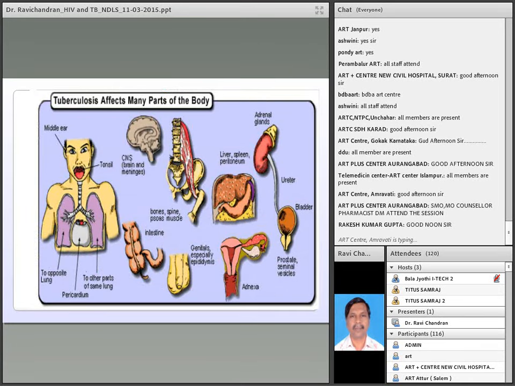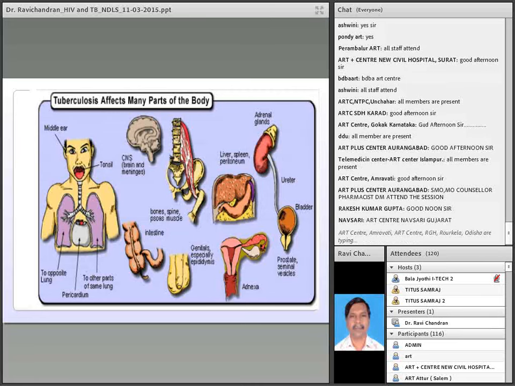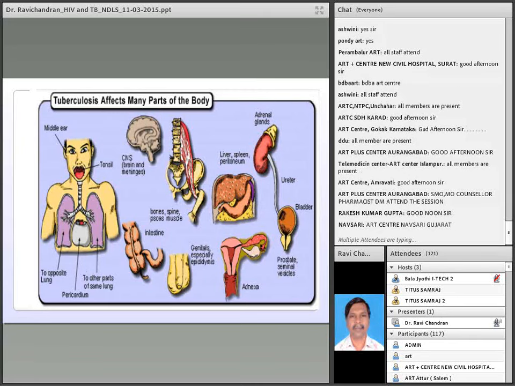Yes, these are the different parts of the body that may get involved in the process of tuberculosis. Look, the middle ear may also not be spared. This is the involvement of the tonsils and the lungs, pulmonary tuberculosis, and the pleura may be involved, and rarely the pericardium also may be involved.